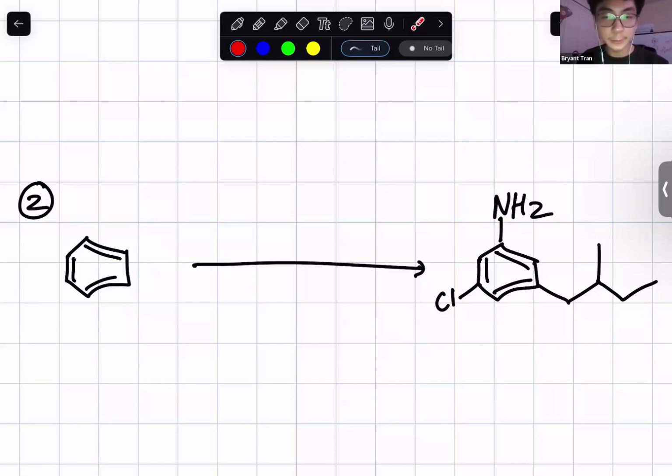But what do you guys notice the relationship between these 3 groups is? They're all meta to each other. Yes, so we know that this is going to be meta directing synthesis all throughout, right? Now, which one of these groups do you think could have been the meta director?